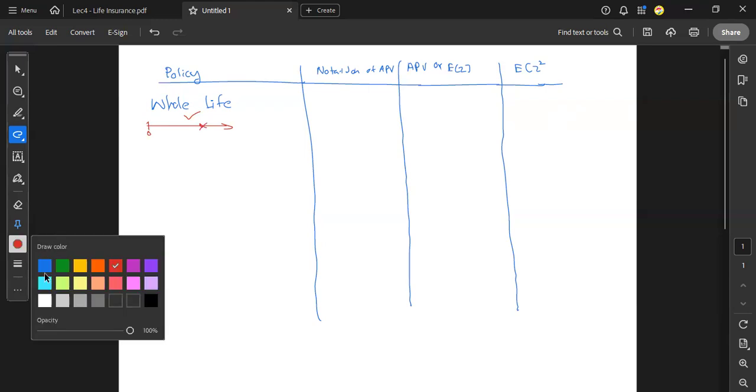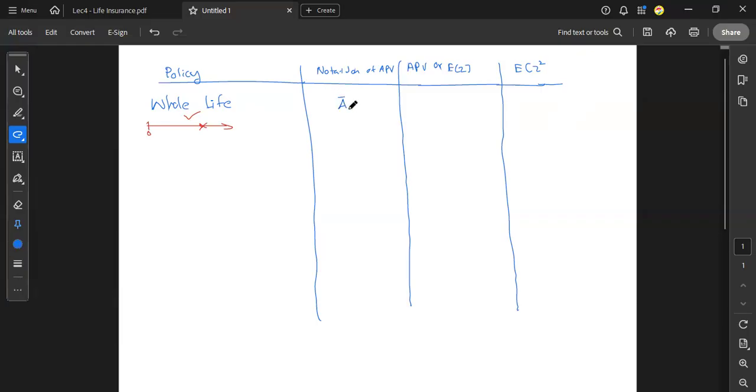So the notation is continuously paid actuarial present value whole life starting at age X. And the value takes from 0 to infinity, and present value is v^t, p_x^t, mu x plus t, dt.